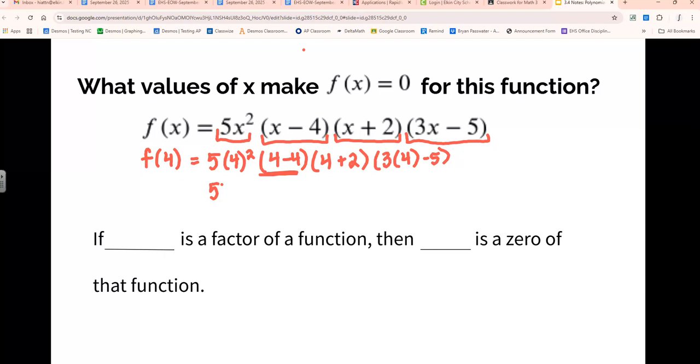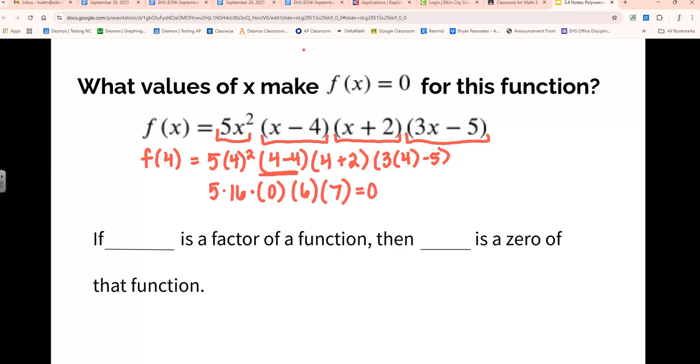So it really doesn't matter what happens with these other numbers. It's going to be 5 times 16. Right here, 4 minus 4 equals 0. So I'm multiplying everything by 0. So it doesn't even really matter that this is 6 or that down here we'd get 12 minus 5 would give us 7. Because if I multiply anything by 0, I will get 0.